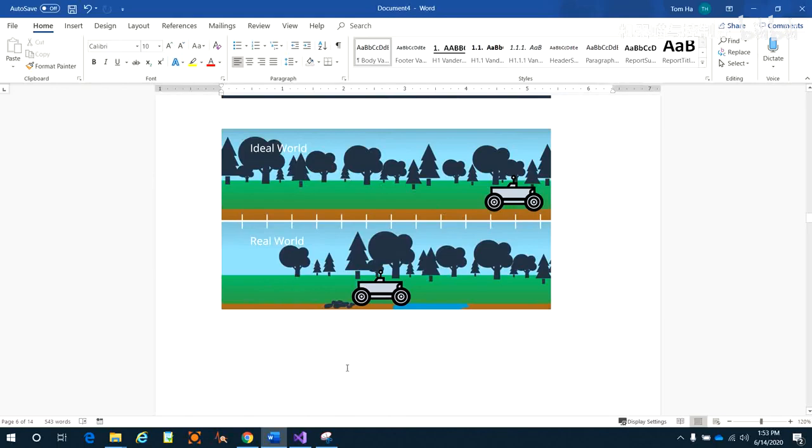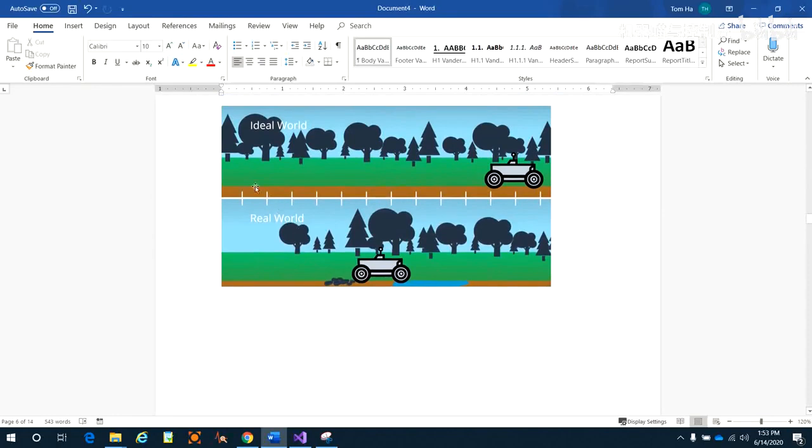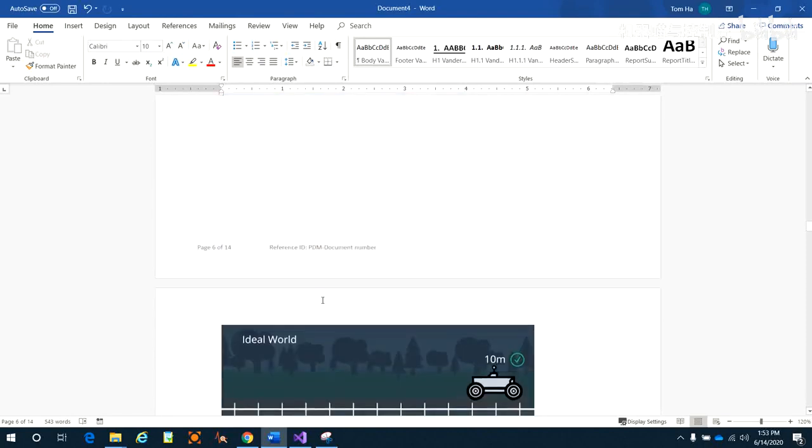Before I talk about the Kalman filter, what do you think about uncertainty in a mobile robot and how it impacts the robot? In the ideal world, for example, if a robot moves 10 meters, it moves exactly 10 meters, right? But in the real world, many things impact the mobile robot. For example, a rock right here and a wet floor make the robot slippery, or add friction, so it moves slowly.